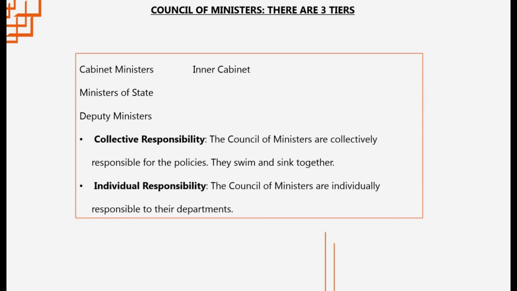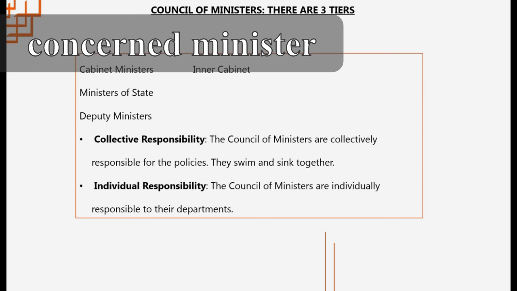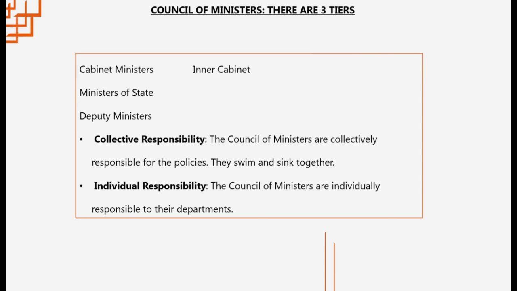For example, P.R. Kumaramangalam was asked to resign by the then Prime Minister of India, Mr. P.V. Narasimha Rao. If the concerned does not resign, then the Prime Minister will advise the President to dismiss him. Thus, the Prime Minister ensures solidarity among his ministers.